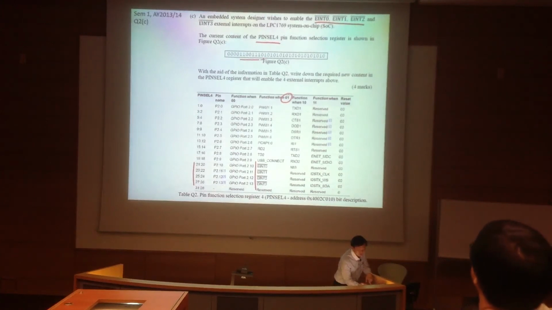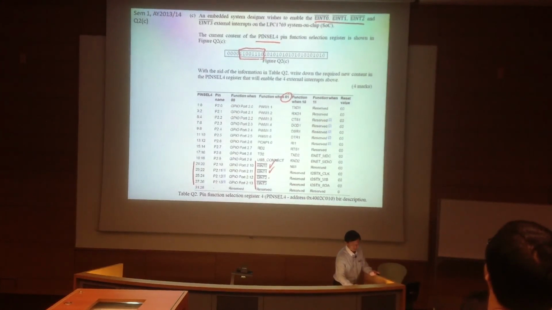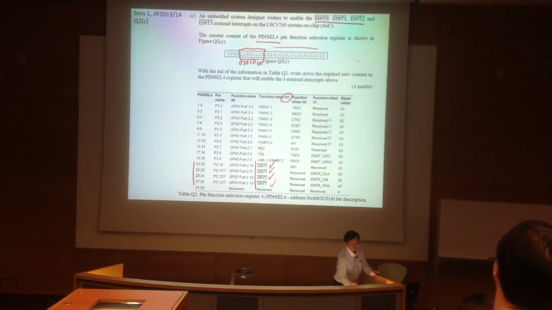This 8 bits, I want to change it. Change it to what? Change it to 0, 1, 0, 1, 0, 1, 0, 1 to select these functions. Right? So 0, 1, 0, 1, 0, 1, 0, 1. The rest, don't touch, don't change.